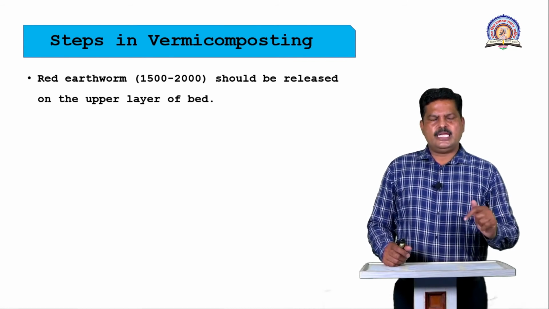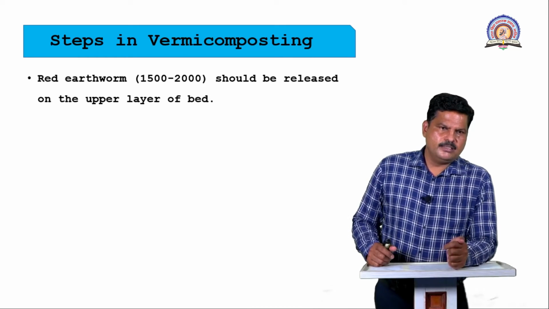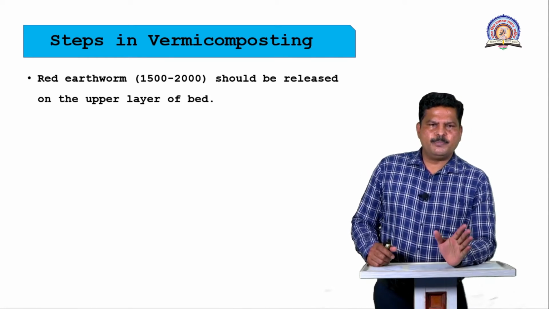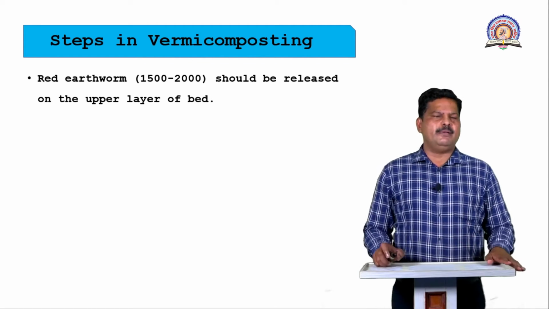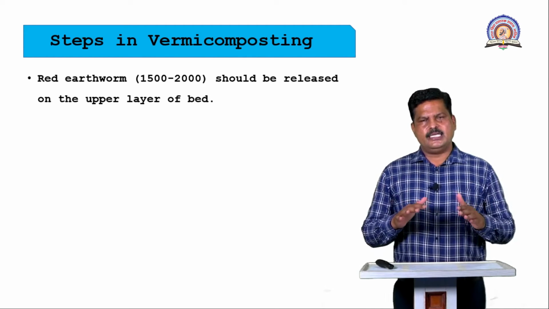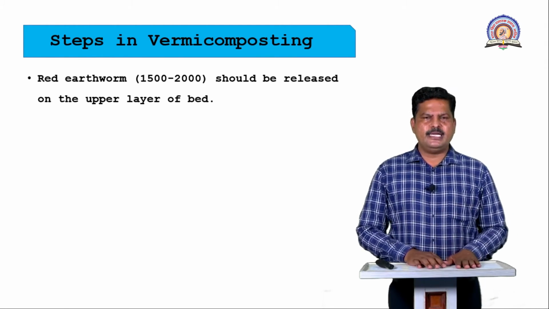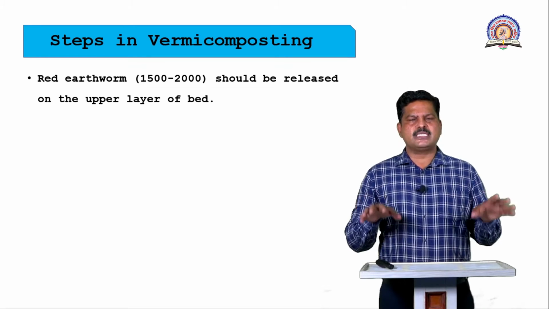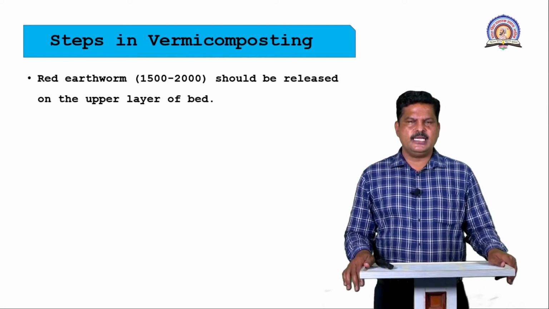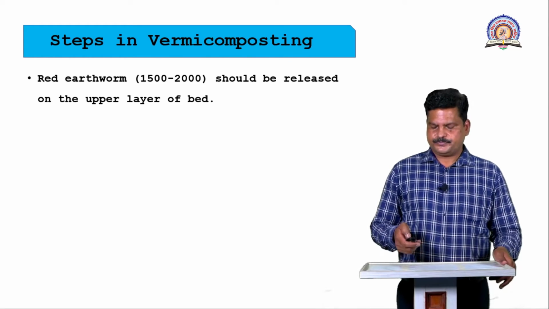Mostly red earthworms in a quantity of 1500 to 2000 should be released on the upper layer of the bed. After the material is degraded, this number of earthworms is released on the bed. Then the earthworms start feeding on that humus material, and the humus is converted into vermicompost.